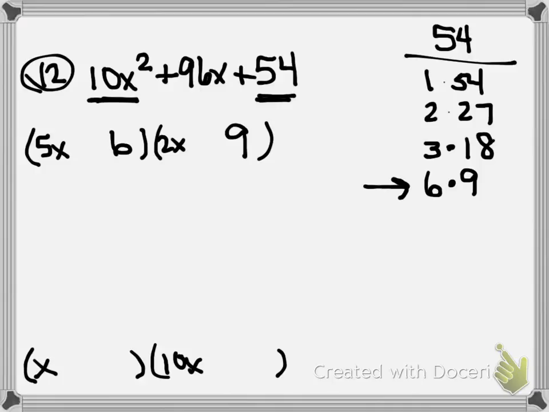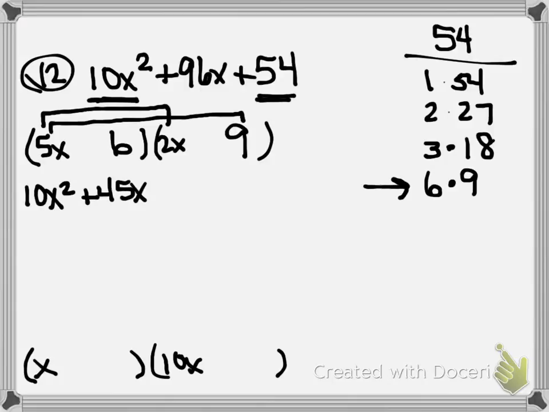You see, when I multiply 5x times 2x, that gets me my 10x squared. But because of that 9, 5x times 9 is a 45x. And 6 times 2x becomes a 12x.